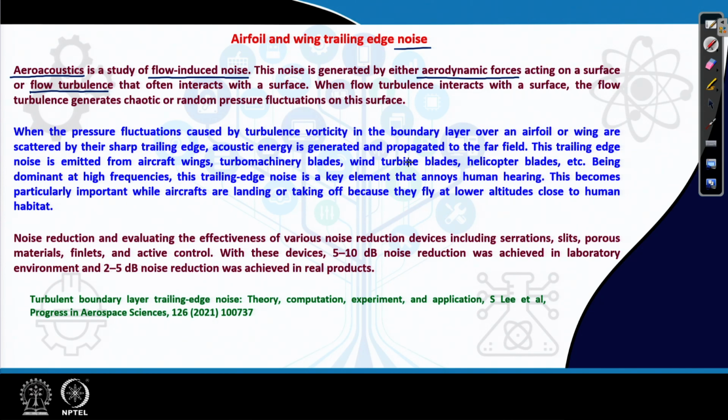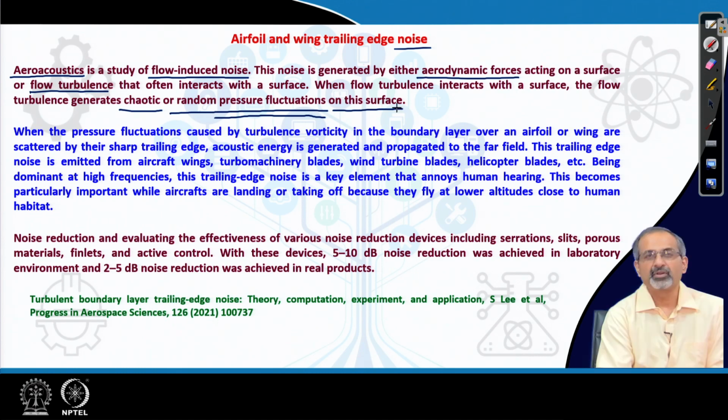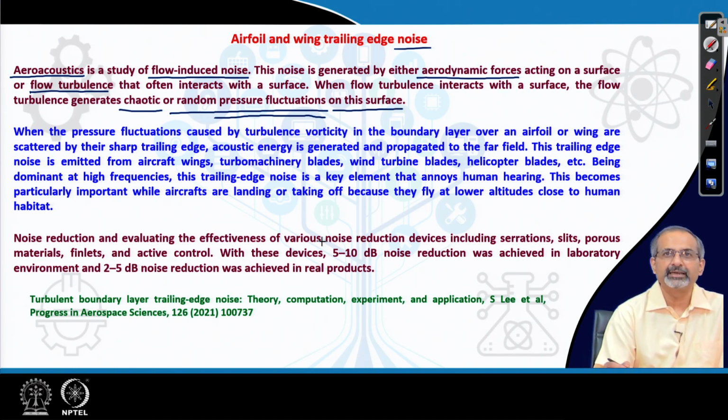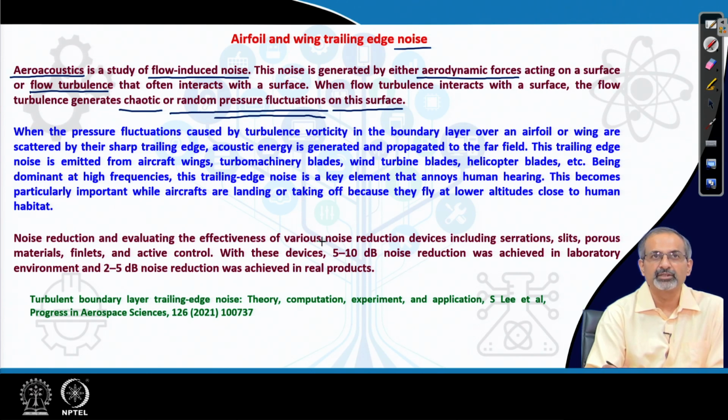So, when flow turbulence interacts with a surface, it generates chaotic or random pressure fluctuations, and mind it that the pressure fluctuations are responsible for creating the noise. So, it is not the steady pressure, but rather the fluctuations which will make the noise happen.